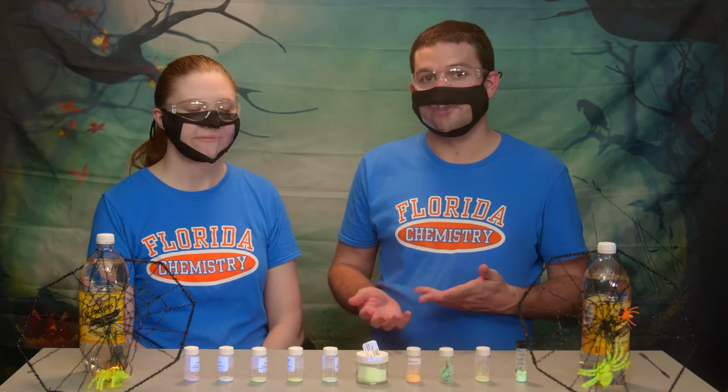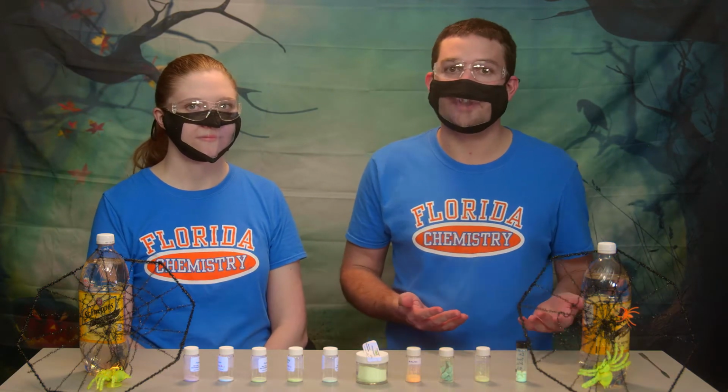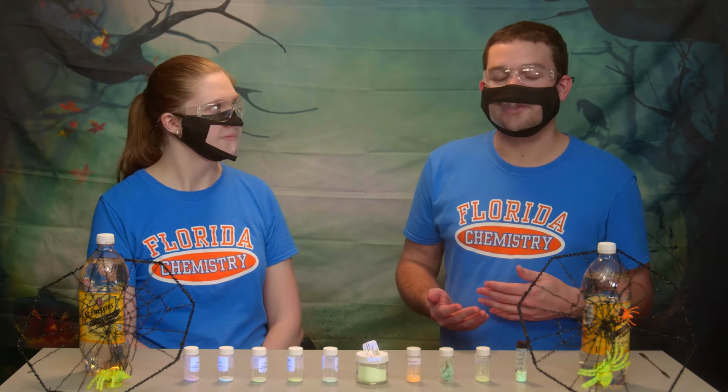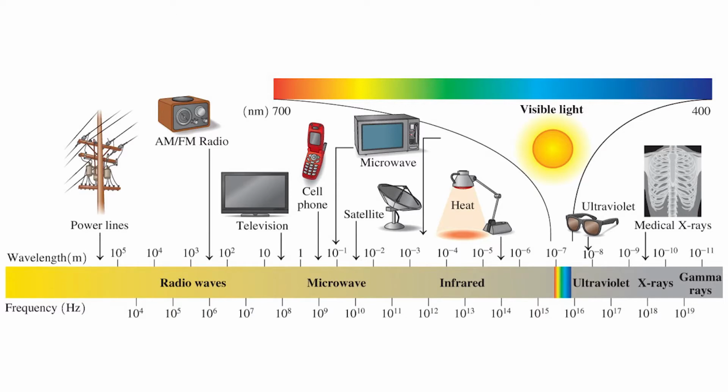Now, there's also light that has less energy and longer wavelengths, and an example of that would be infrared light. When you've been to a buffet, have you seen the lights that are above the food? Yeah, they're red and super hot. Exactly. Those are forms of infrared light. Light of longer wavelength is usually emitted as heat, so we use those lights to keep things warm.